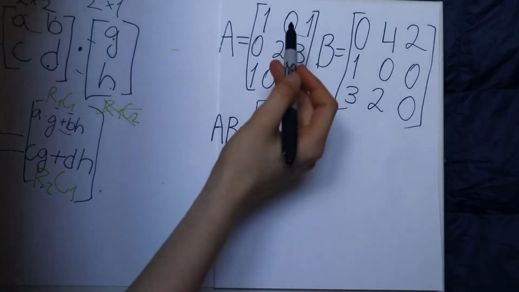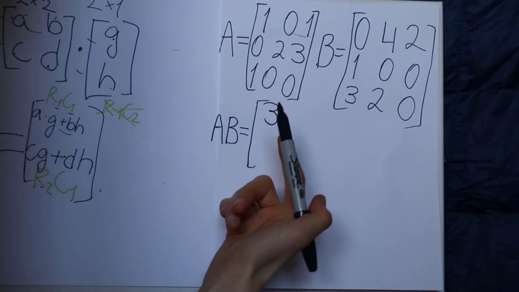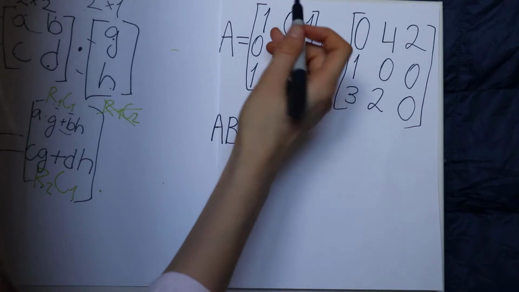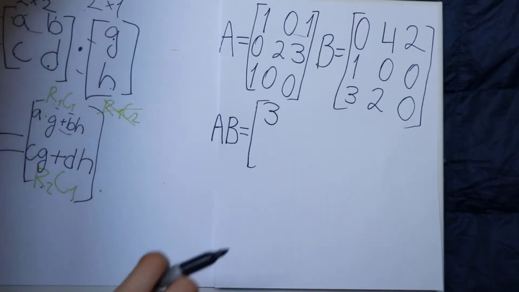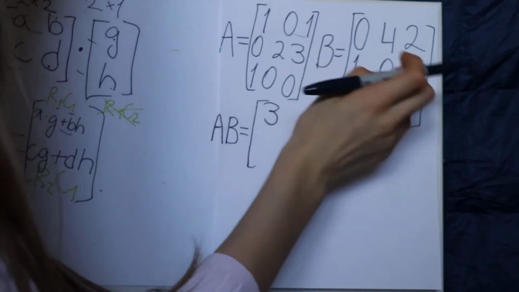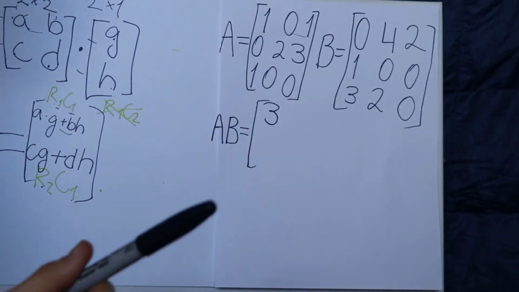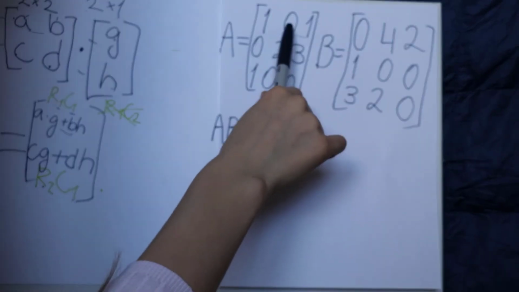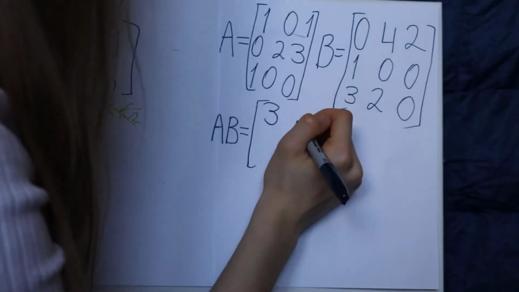And then we can go either across or down. So let's go across, because I always do it across. So 1 times 4 is 4, and then 0 times 0 is 0. And 1 times 2 is 2. So 4 plus 0 plus 2 is 6.